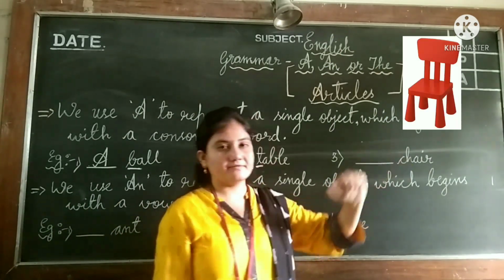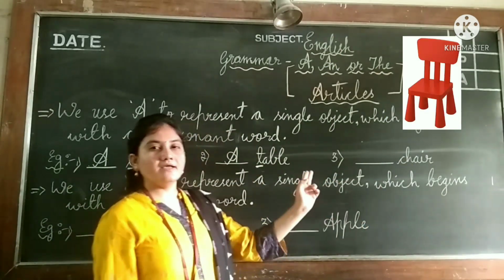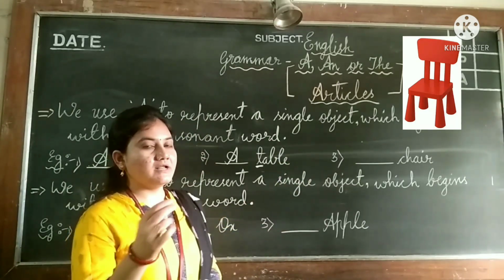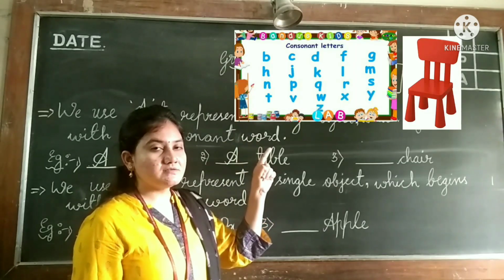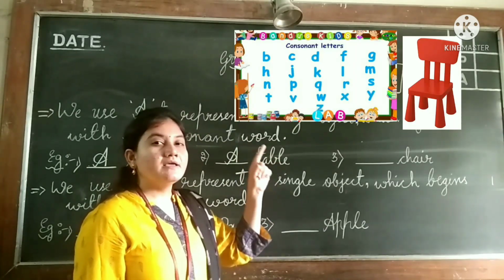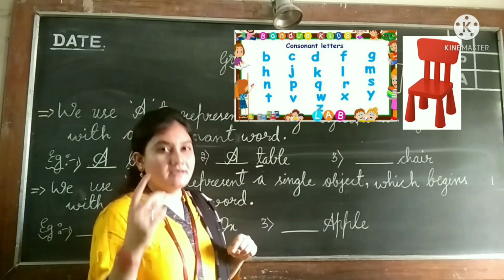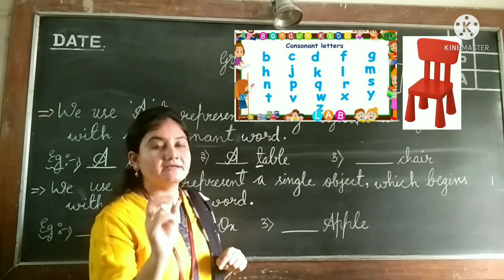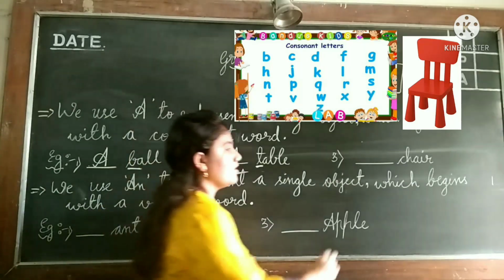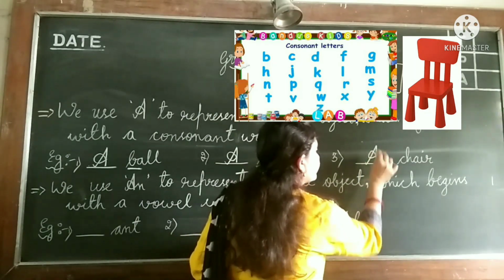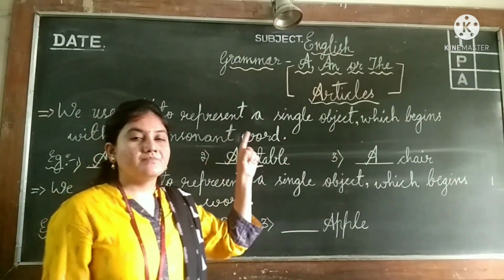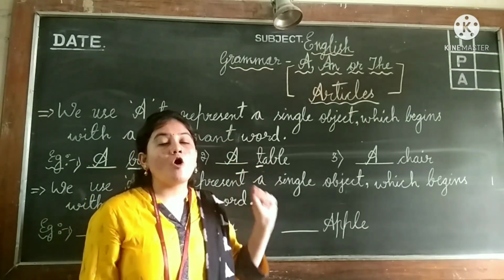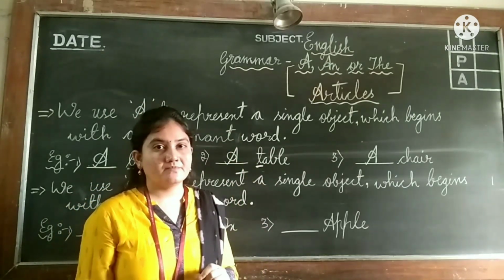Next, the third one, dash chair. Can you tell me, children? Look at the chart of consonant letters. C is a consonant letter, so we'll write A chair. Like this, you have to remember the consonant letters, children.